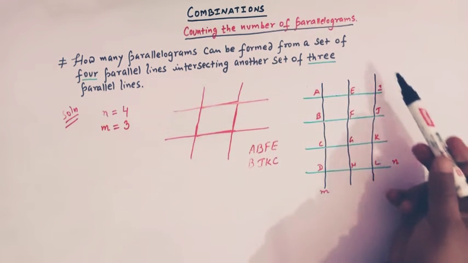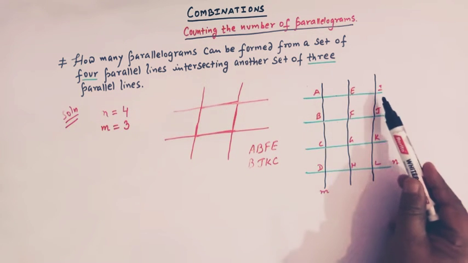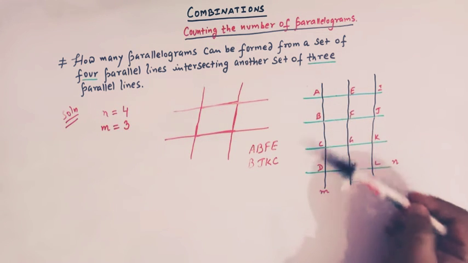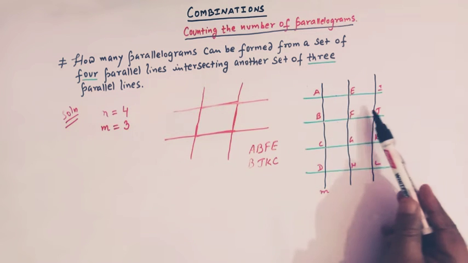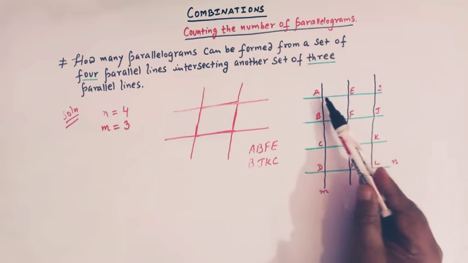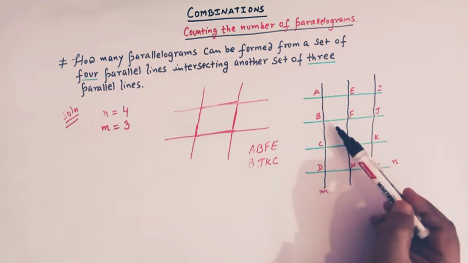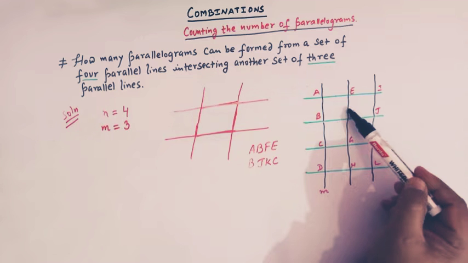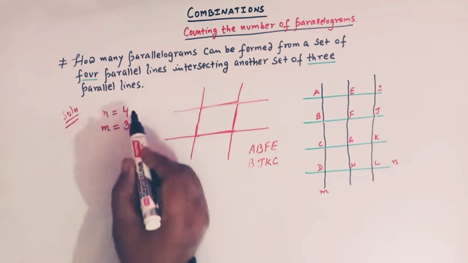Now let us come to the counting of the number of parallelograms. The parallelograms formed out of the intersection of these 4 green lines and 3 black lines each have 4 sides, of which 2 are green and 2 are black.